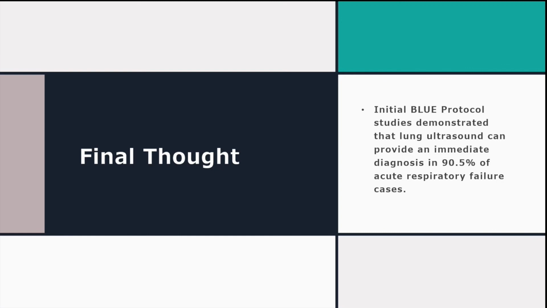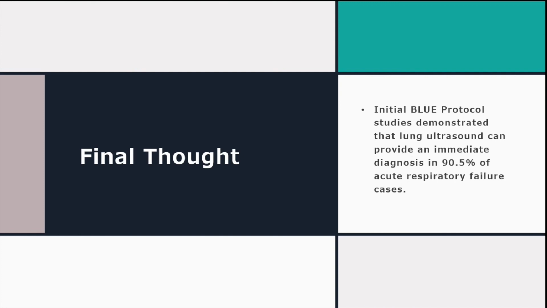So again, the Blue protocol gives a pretty good overview of the, like I said, 6 most common, which in the study accounted for 97% of the diagnoses in patients that had acute respiratory failure. And the researchers that took part in the study were blinded, so they walked into a patient that they knew he or she had acute respiratory failure, but they had no insight into previous imaging or any laboratory findings.